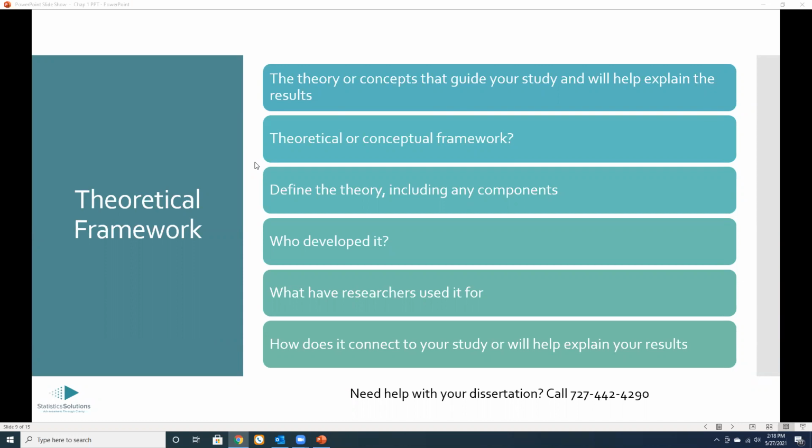So if you have 3 theories, you're going to have to talk about 3 theories in connection to your results. It's not to say to stay away from more theories just because there's more, but it complexifies things. The more streamlined your study can be in this way, the better.